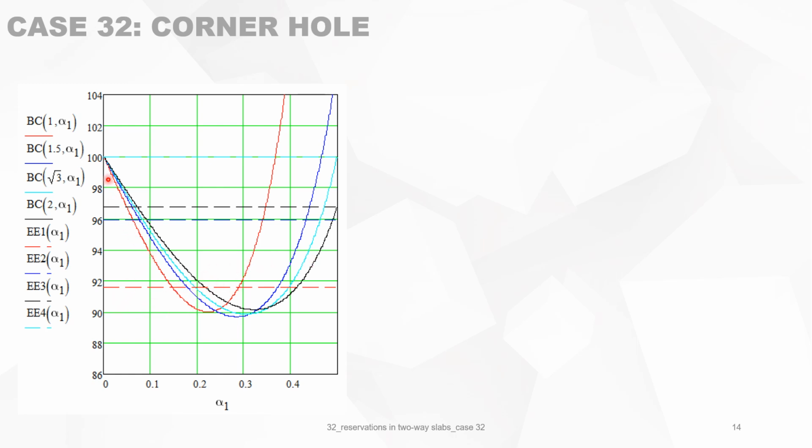And you can see now that almost for all reservations, most of it, the bearing capacity is lower than the original bearing capacity. Now let's look at the limit. Alpha 1 must be between those two values.